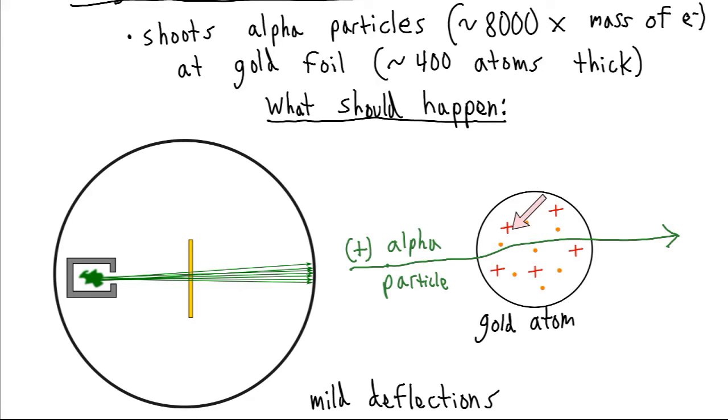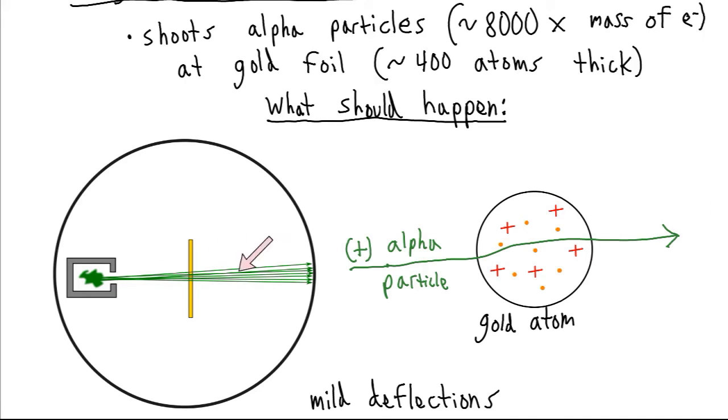But since there's both positive and negative charges in kind of a soup here, they'll be pulled towards negative charges and pushed by the positive charges on either side, and it will mostly cancel out. If there's randomly one or two extra charges on one side or the other, that might lead to some mild deflection.